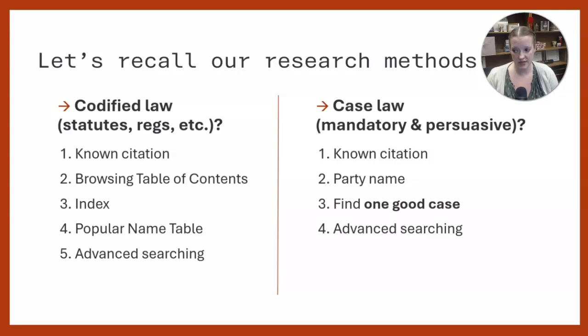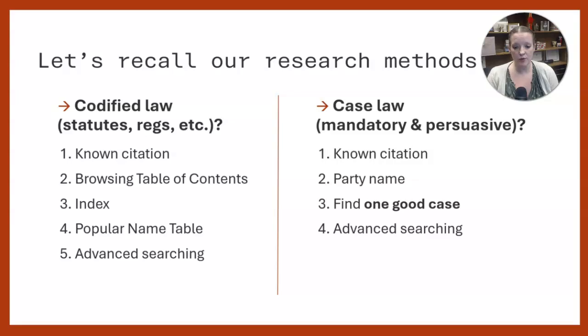So someone's given that to you, you found it in a secondary source. As we said, you're not likely to be handed a citation frequently within the practice of law. Party name, right? So you have a party's name, that's all you know, you don't have the citation. We looked at searching with the party name in order to find the relevant case.